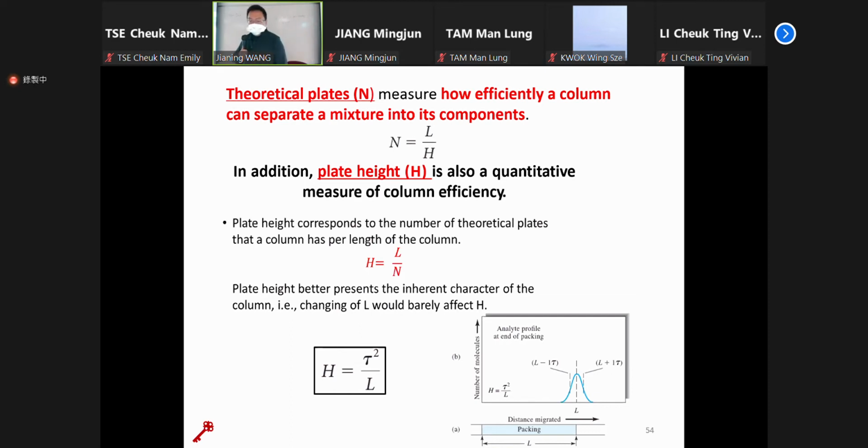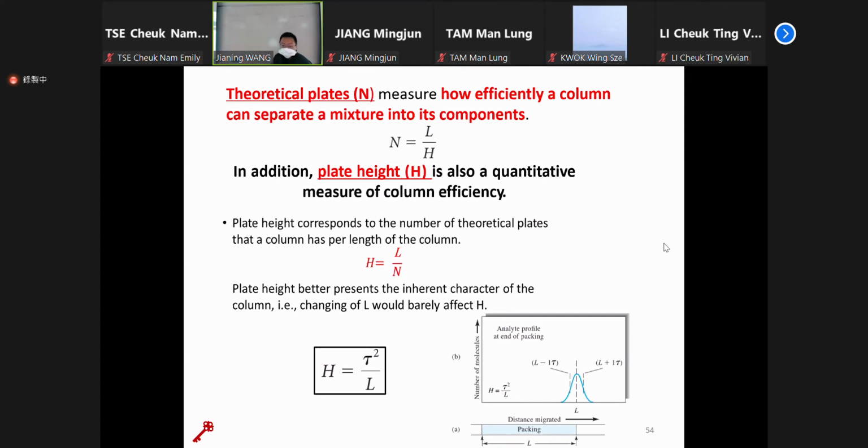In your textbook, it uses a different symbol, so when you read the textbook you should know it's different from my PowerPoint. The difference is just the symbol we use, not the content. Okay.